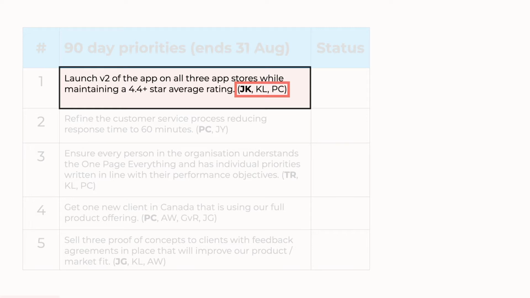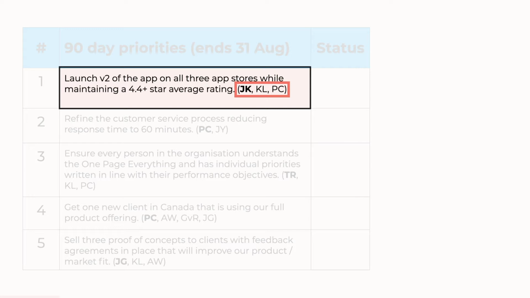And they've got the people responsible, the first name being the person who is actively going to make sure that this item gets over the line. It's not necessarily the person who's going to do all the work, but it's the person who's going to take accountability and make sure that if there's ever a conversation about this particular priority, they will know what's going on. The second and third names, or the other names that follow the person who's going to be the key person accountable, will be the people who will support them.